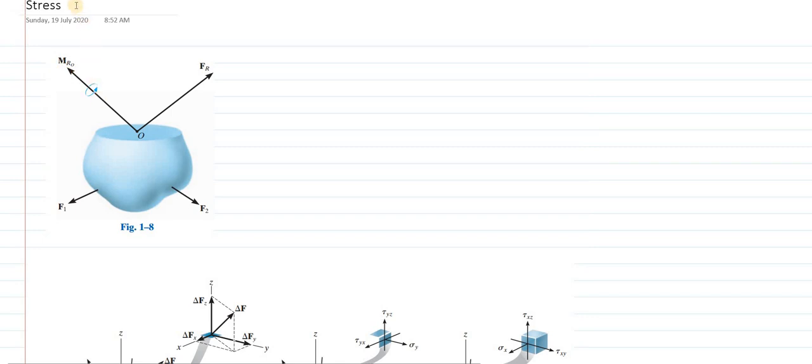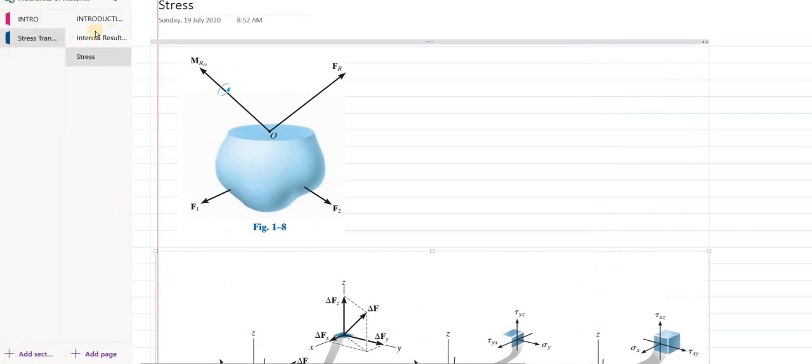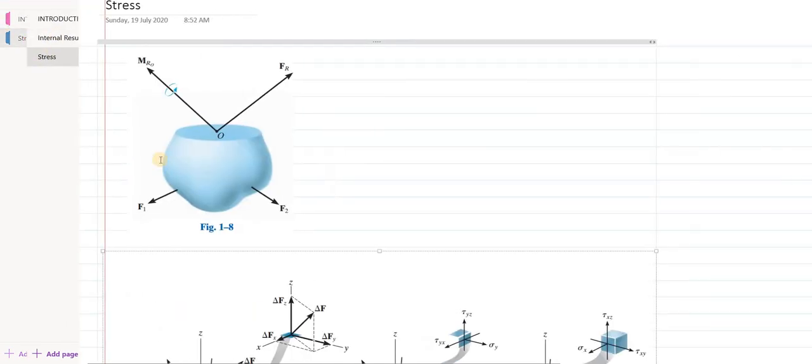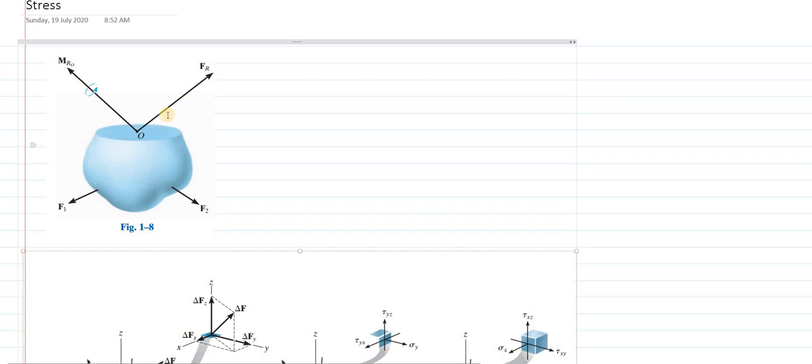So next we're going to discuss stress. We discussed in our previous section, if you remember that body, this is the free body diagram of the lower segment of that body. We are just reproducing this figure over here, this is the same body.